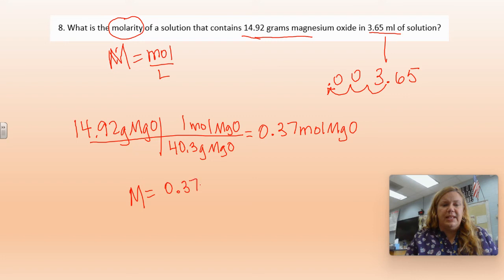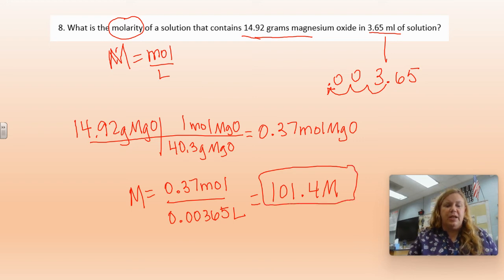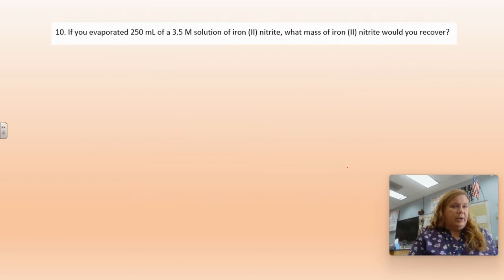We have 0.37 moles of magnesium oxide divided by 0.00365 liters. And when we calculate this out, we're going to get a very large molarity, which is rare. This might be like industrial strength molarity of something or concentration. So we get 101.4.